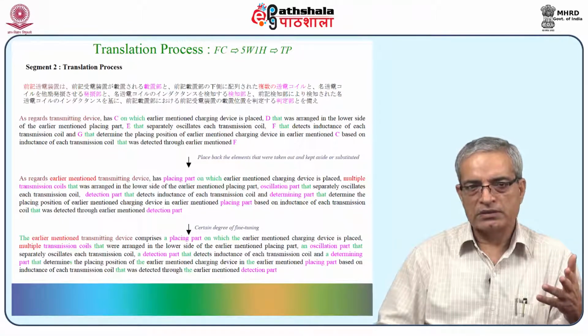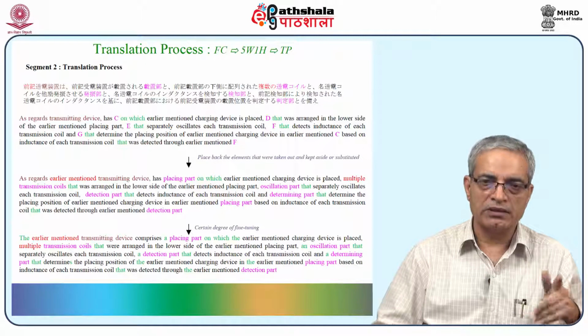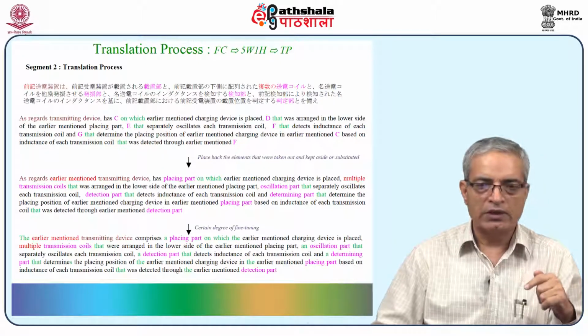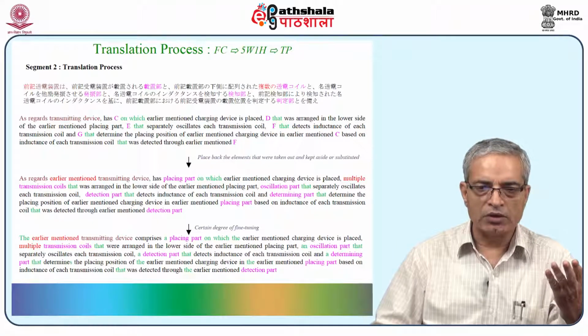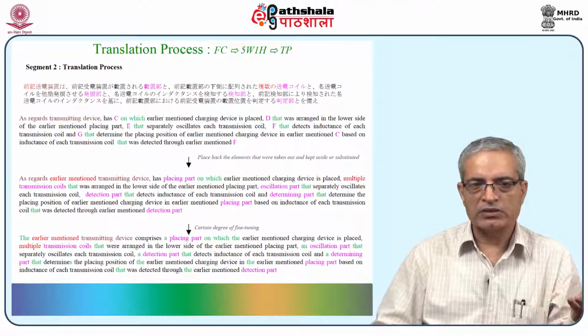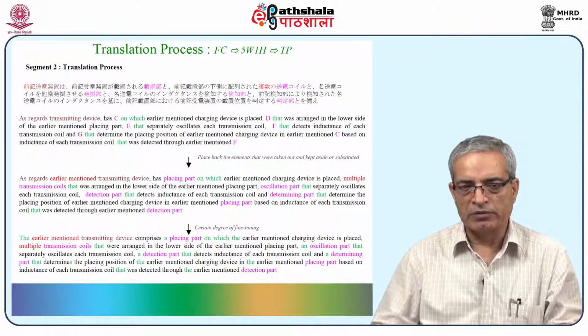This was from the last slide, and if we place back the components which were kept aside, it comes as follows. And now some amount of fine tuning, like we are adding on which the earlier mentioned, and you find that the sentence comes quite readable.